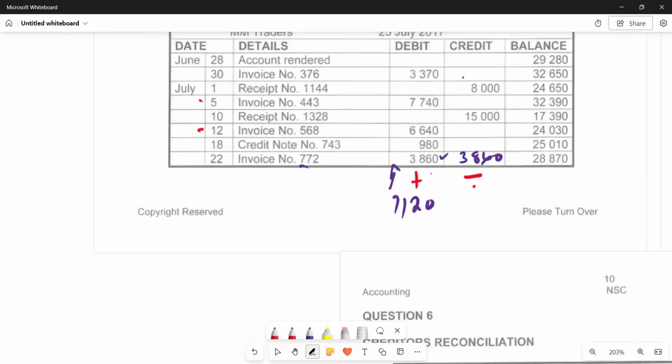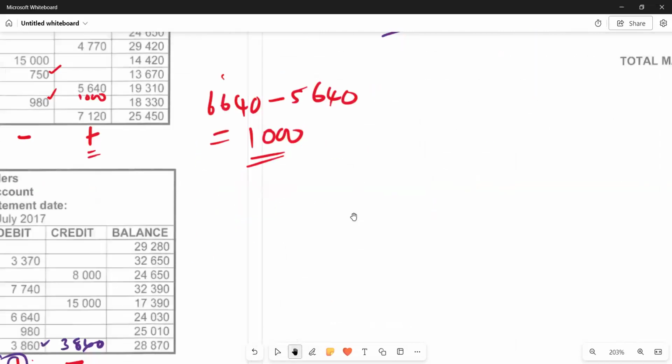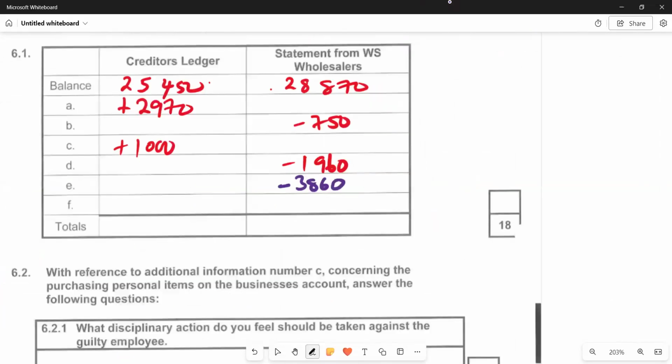When you put it on the debit, we are saying 7,000 plus 7,120 on the statement. So we are saying plus 7,120. So this is what we have.